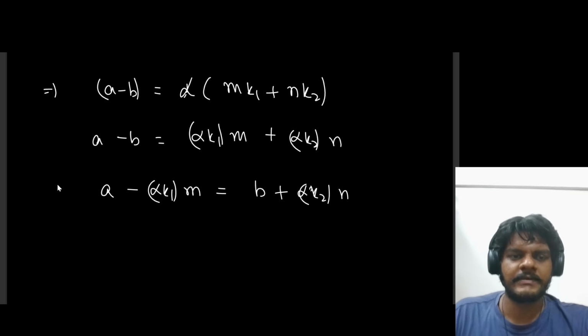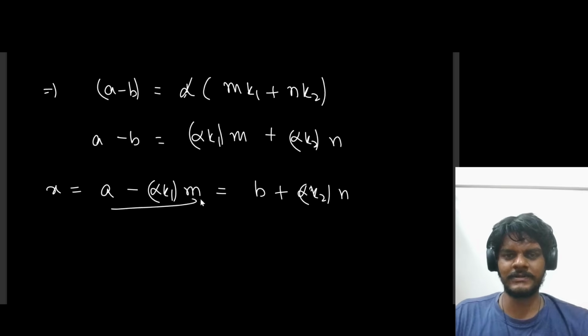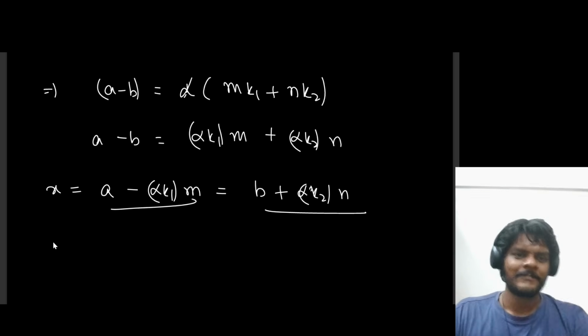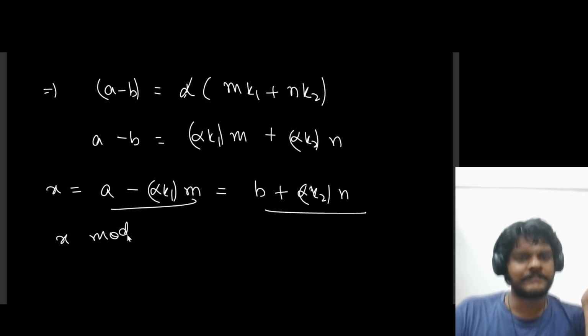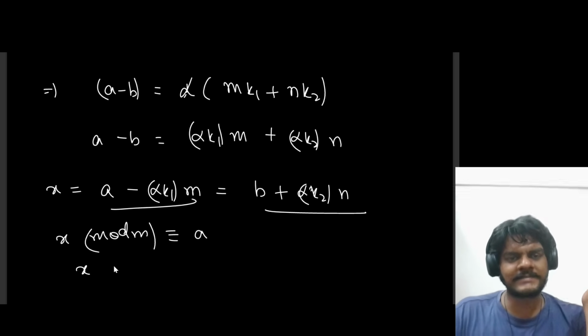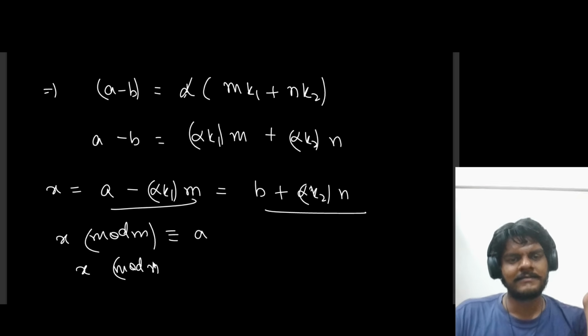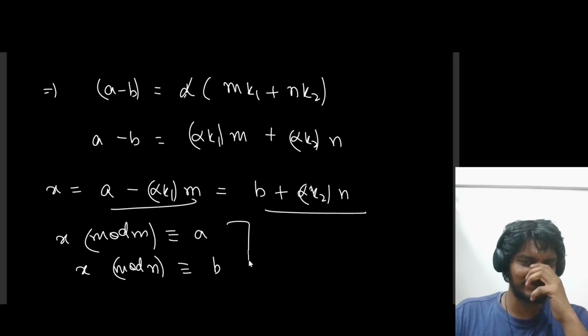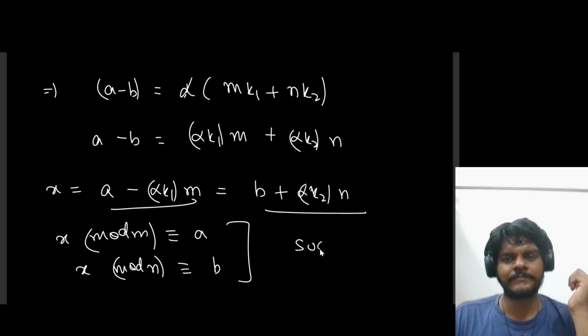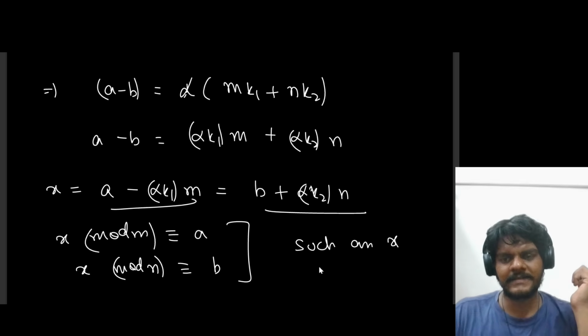So let's say this whole thing is equal to x. If I take x mod m, that will be congruent to a, and x mod n will be congruent to b. So it is as simple as that. Such an x exists.